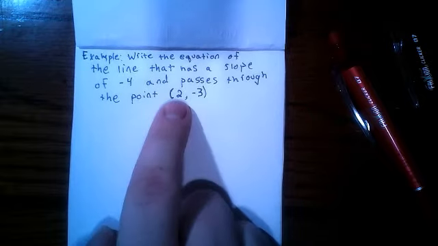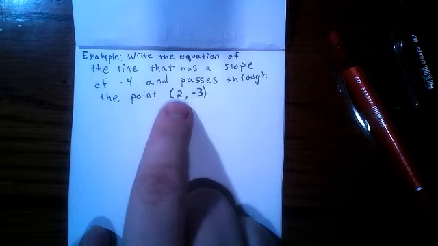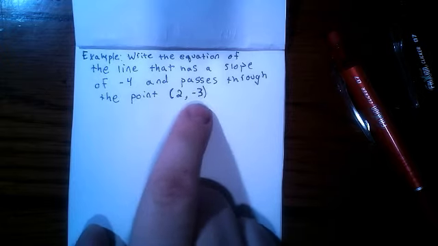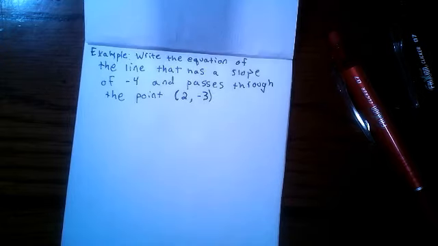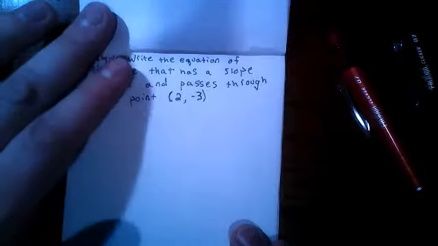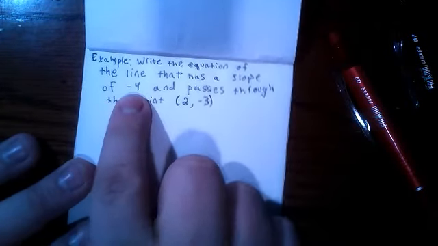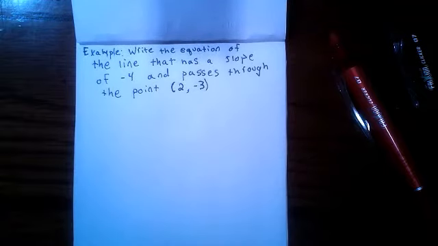And unfortunately, (2, -3) is not a y-intercept. It would be (0, -3), maybe, but not (2, -3). So I'm going to have to use my point-slope form, which makes sense because I'm given a point and a slope. And mathematicians aren't that creative.